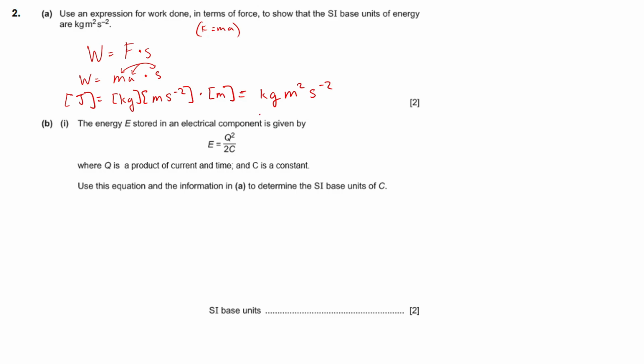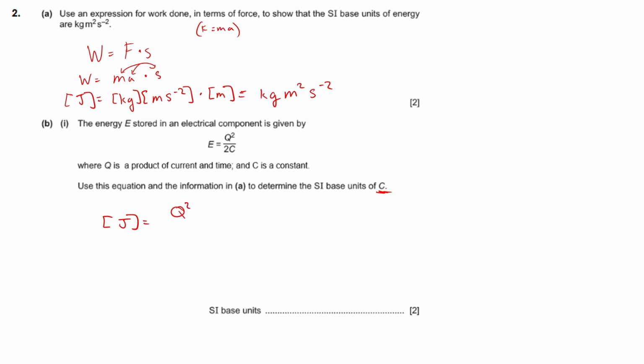B1. The energy E stored in an electrical component is given by E equals Q squared over 2C, where Q is the product of current and time, and C is a constant. Use this equation and the information in A to determine the SI base units of C. So we're trying to find C. We take joules and substitute our units in.